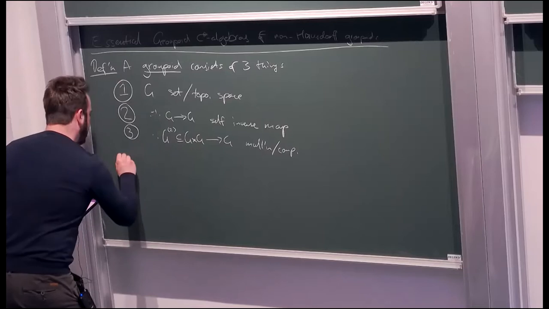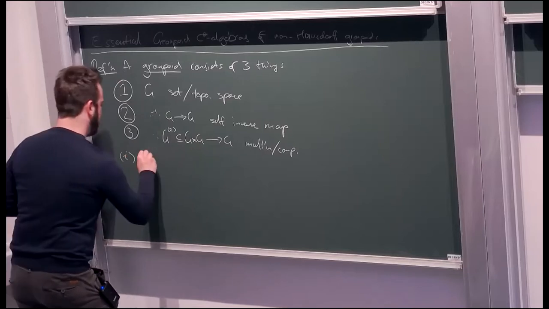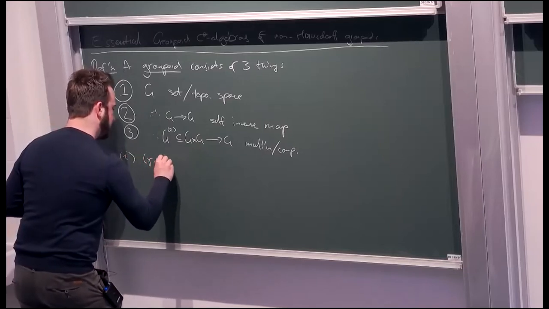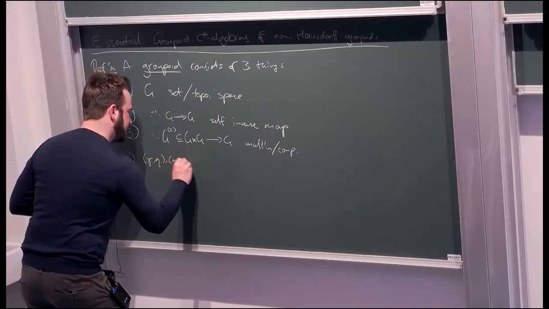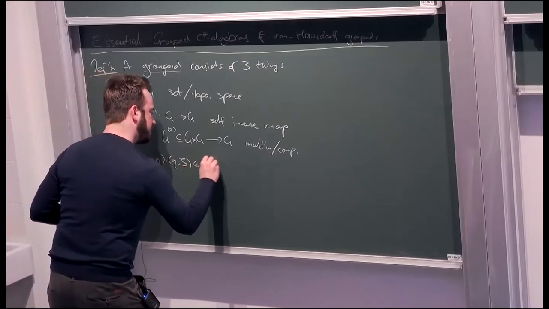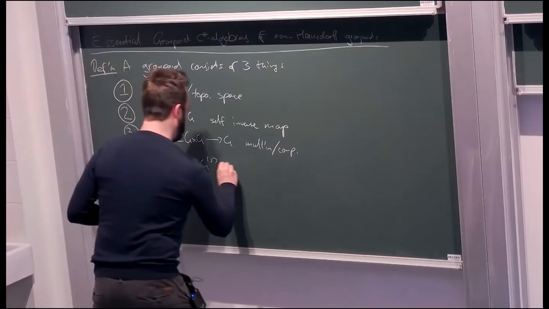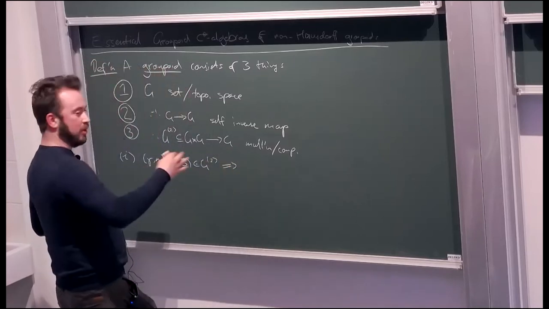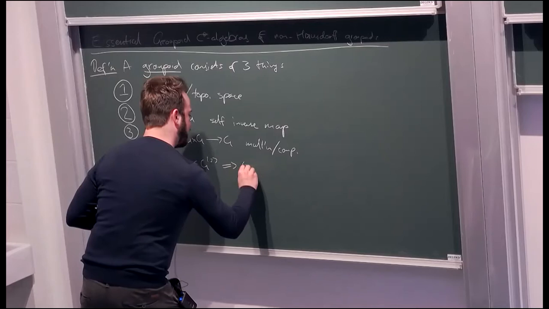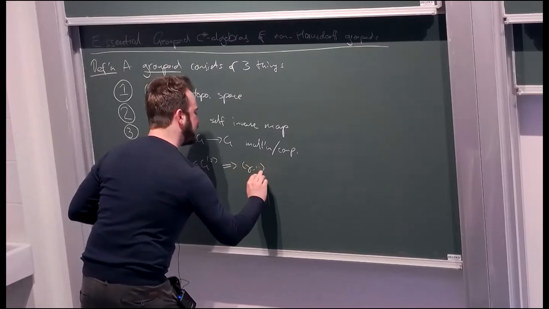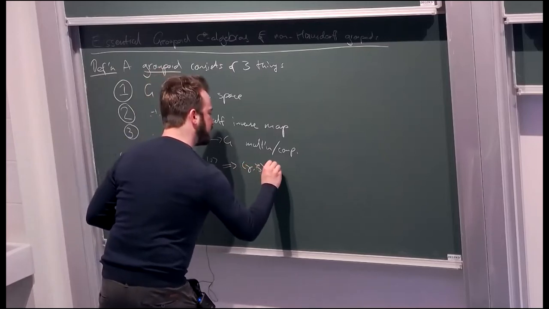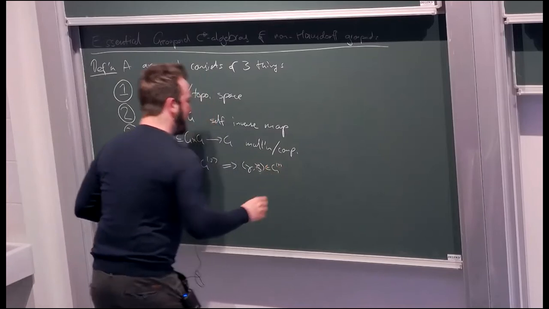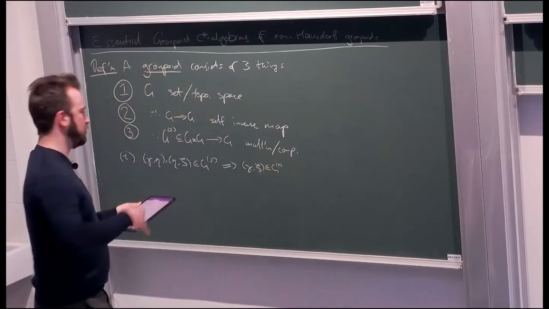So the first condition is that if gamma and eta and zeta are composable pairs, then I should be able to compose them all together. I should have that gamma and zeta is composable, and any possible way I can think of composing them should agree.